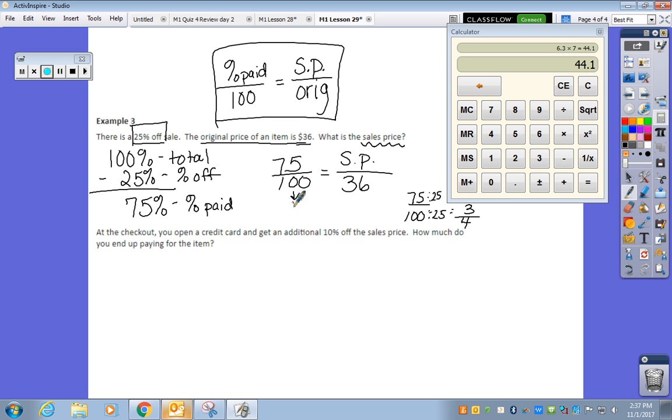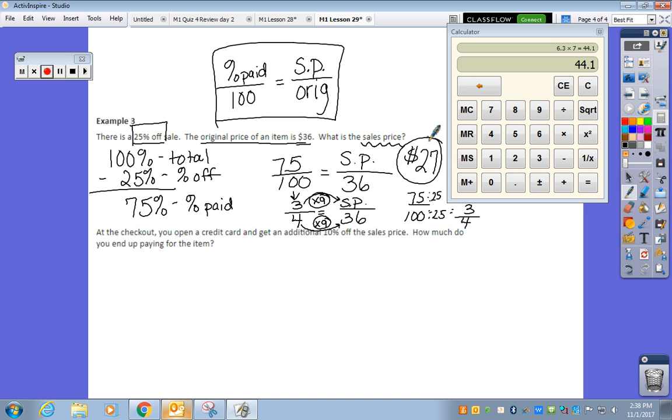So this would be rewritten as 3/4 equaling the sales price over 36. To get from 4 to 36, I'm multiplying by 9. So to get from 3 to my sales price, I also have to multiply by 9, which tells me the sales price of the item is $27.